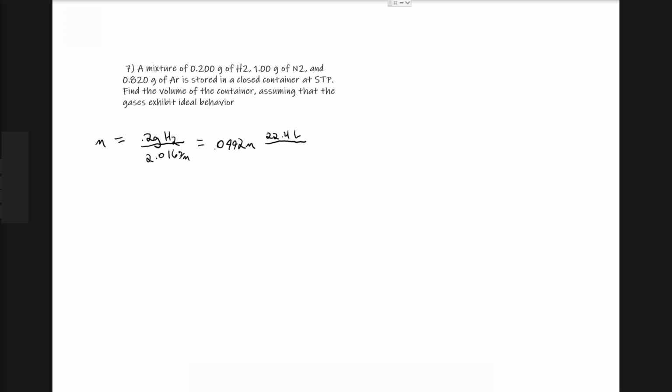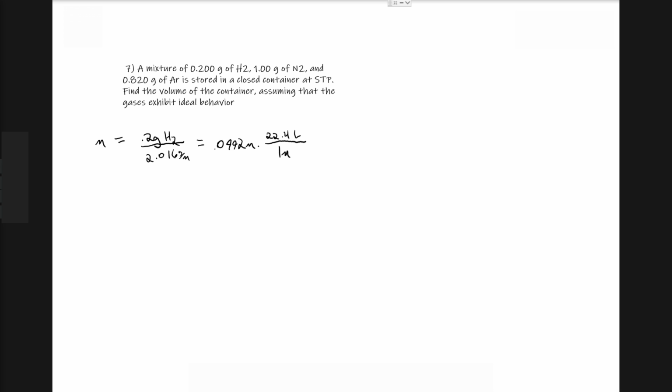That always holds true for any given ideal gas. So I'm telling you, if you remember this conversion factor right here, this is such a time saver. If you know this conversion factor, you don't have to go through the entire density equation to compare moles to liters. So here we go, 0.0992 moles times 22.4 liters per mole.